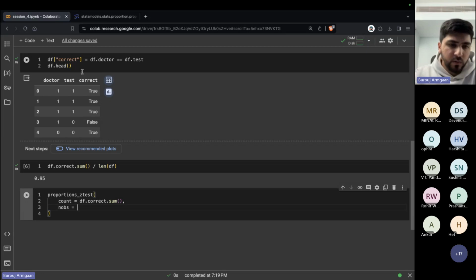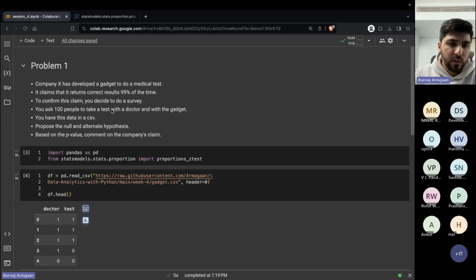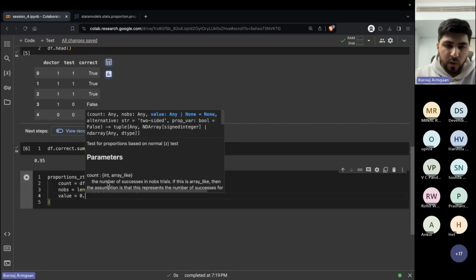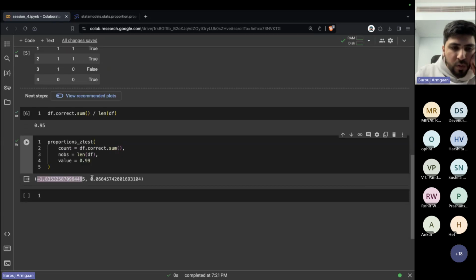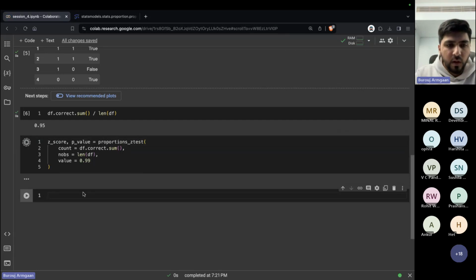The number of observations will be length of the df, and our value will be the claimed probability. The claimed probability was 99%, so we'll supply 0.99. This will return two things. The first one is the z-score, the second one is the p-value. So we'll write z-score, comma, p-value is equal to this thing.